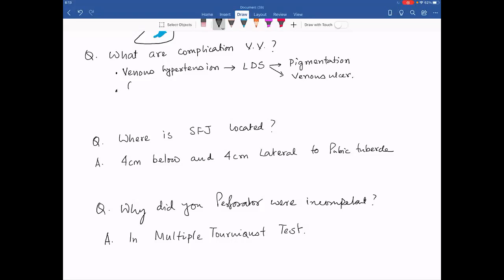Beyond this, patient can have cosmetic or cosmesis problems. Okay, so complete. The next question after this.